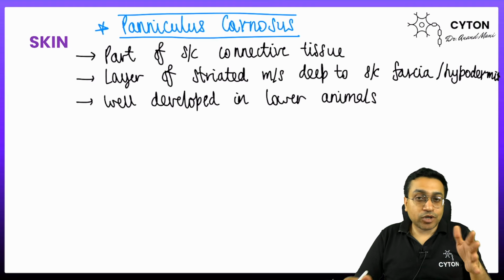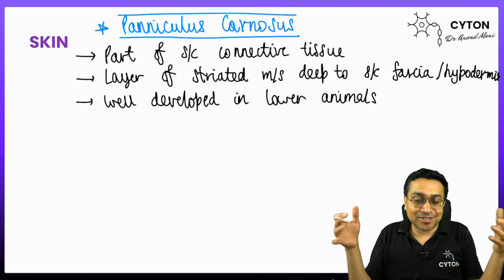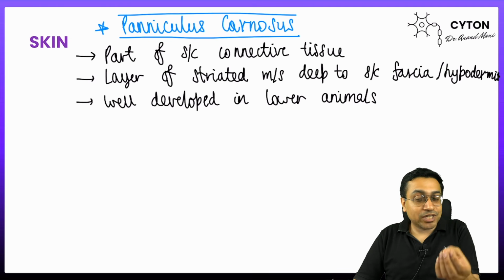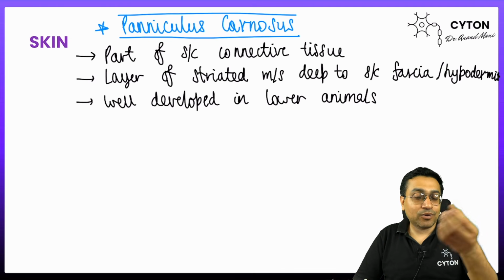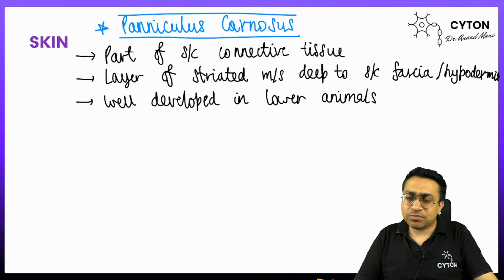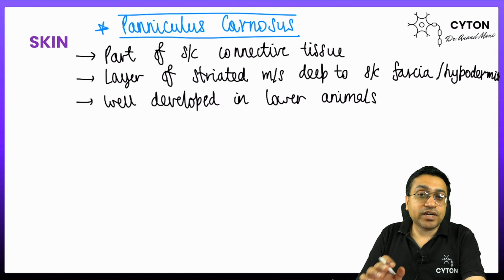I'm not talking about the dog, which shakes its entire body to shake off the water. I'm talking about the simple muscle twitching which happens on the hump of the buffalo or the cow or the lower animals, even all the cat family. So that is the utility in the lower animals.